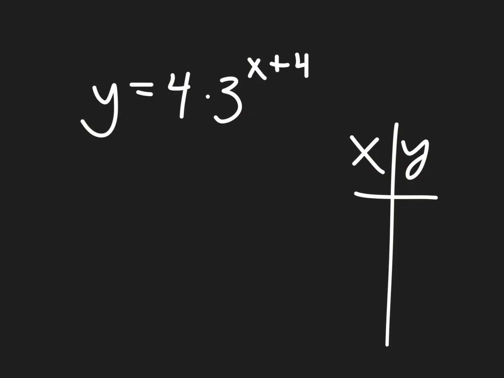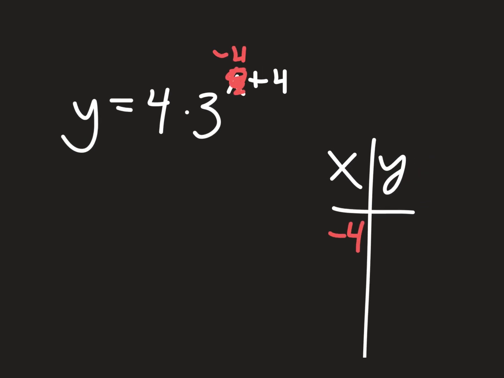Like, okay, I want to put in 0. Well, then I've got to do 3 to the 4th, which is immense. So I better not use 0. You try it and you realize that's going to be huge. Okay, so not 0. How about -4? Because then I can make the inside small. That's what Mr. Server said to do. Pick points so that it makes the inside small.